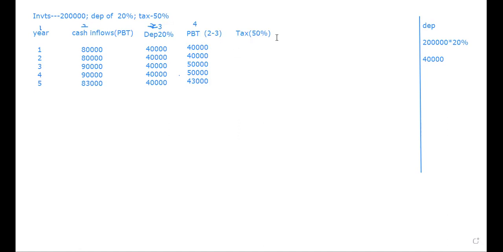Now here 40,000 into 50% is going to be 20. Again here it is going to be 20. Here it is going to be 25,000.